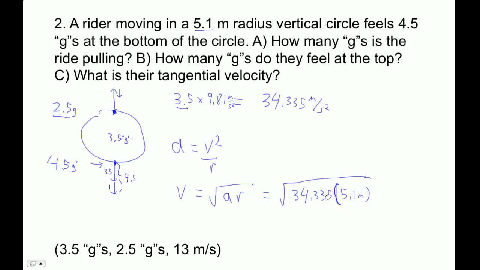Okay, so I go second square root of the answer that I just got times 5.1, right parenthesis, 13.23 meters per second. All right, so with only two sig figs, I guess we'd have to say 13 meters per second. Alrighty.